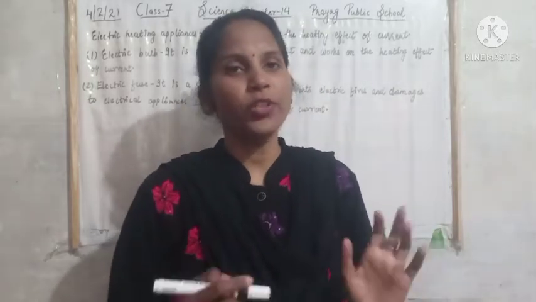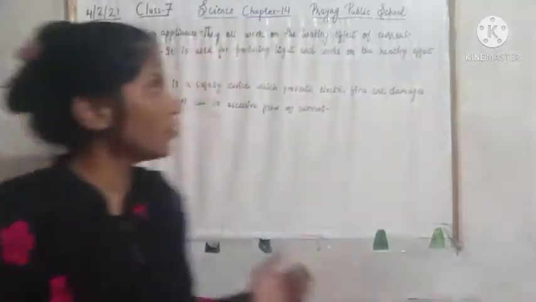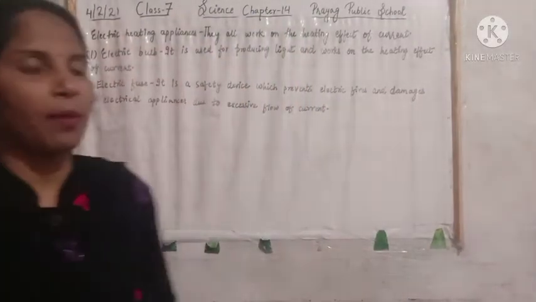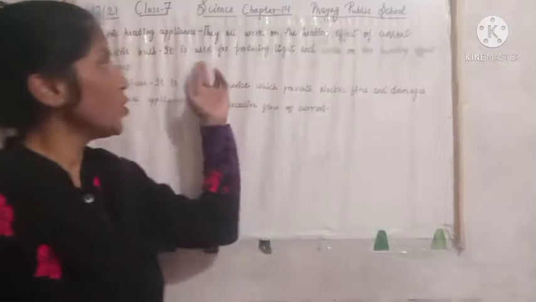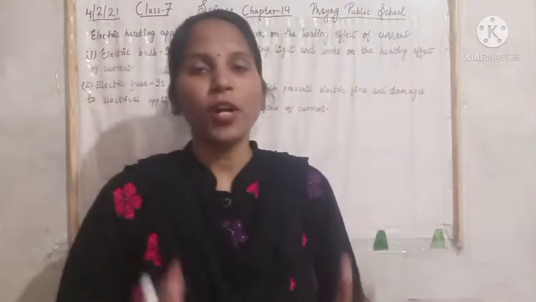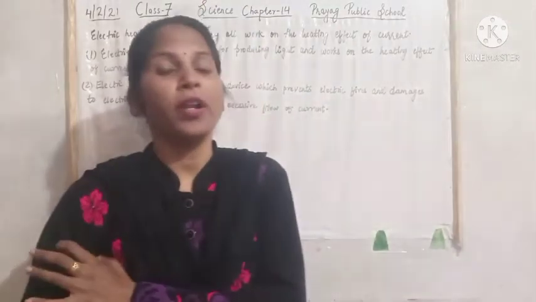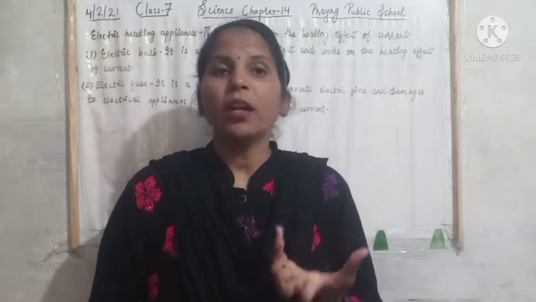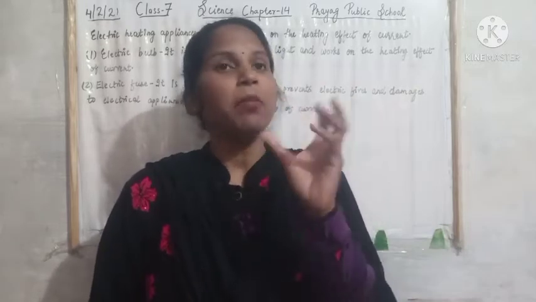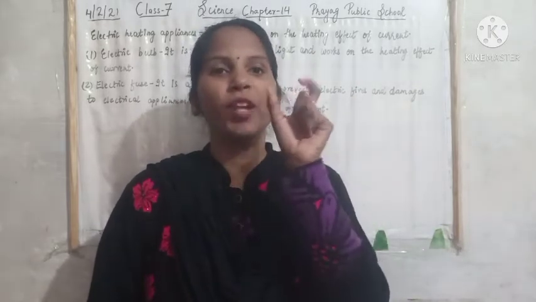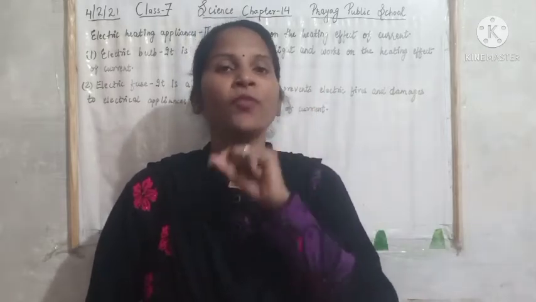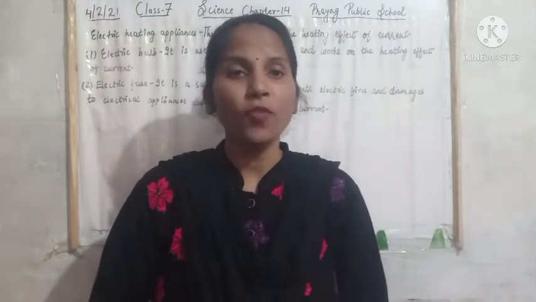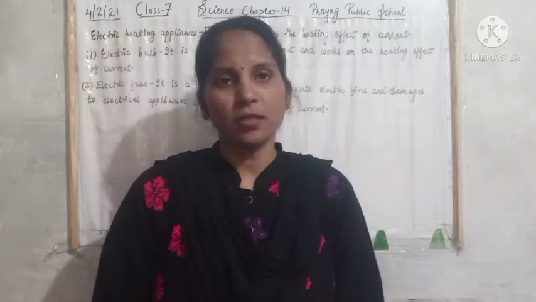Now if we talk about the electric bulb, what happens in an electric bulb? It is used for producing light and works on the principle of the heating effect of the current. We know the bulb is made up of a filament, and the filament is made up of a metal called tungsten.